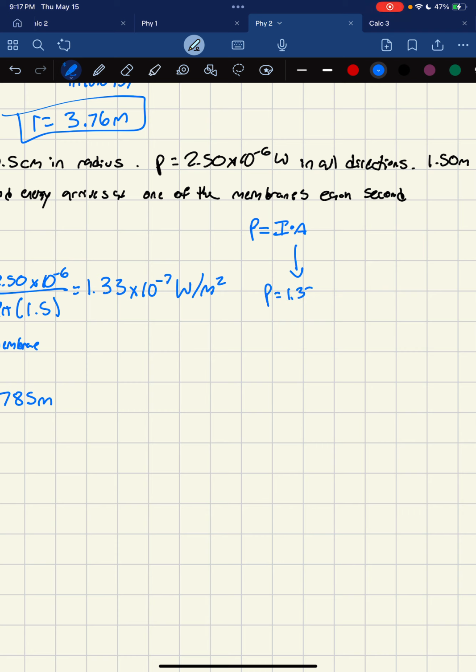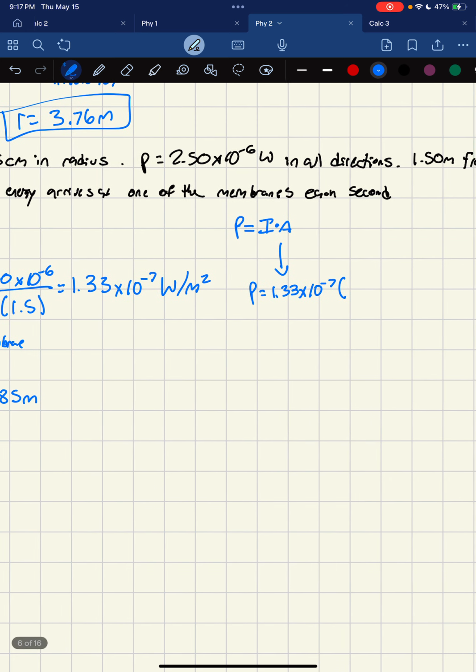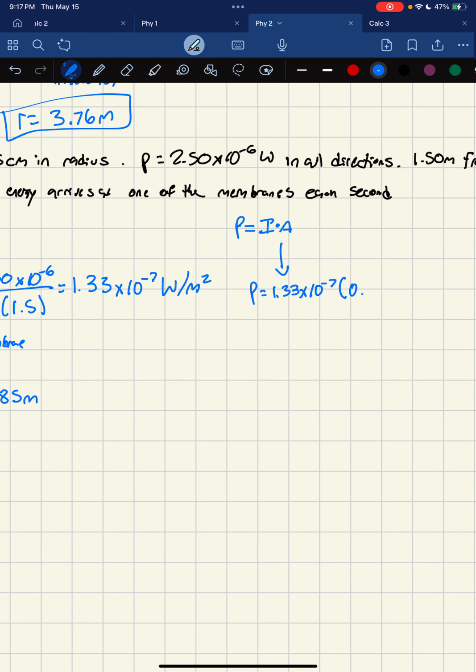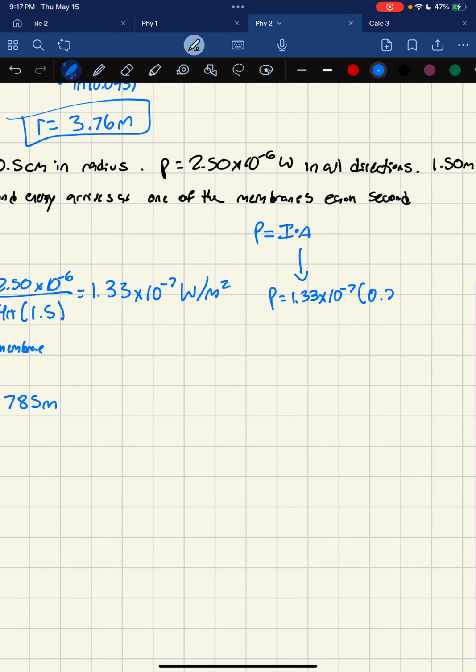1.33 times 10 to the power of negative 7 multiplied by the area, which is 0.785. So multiply these together.